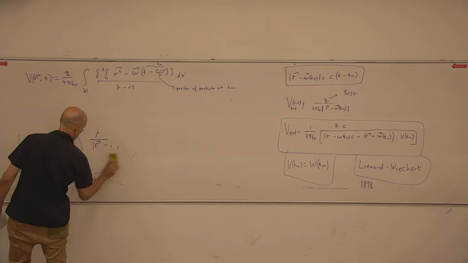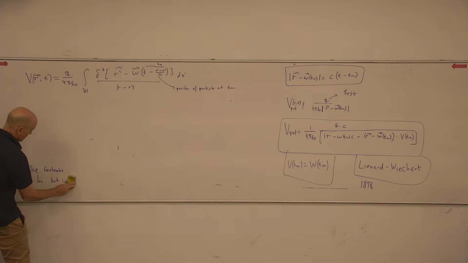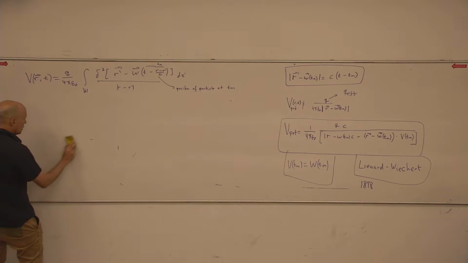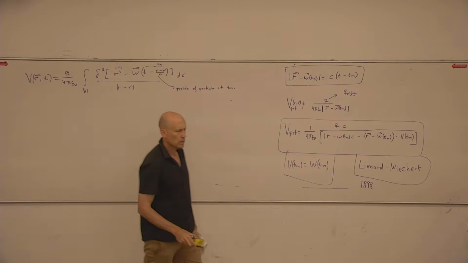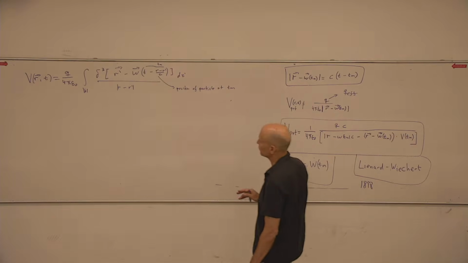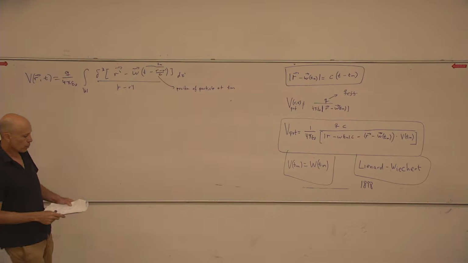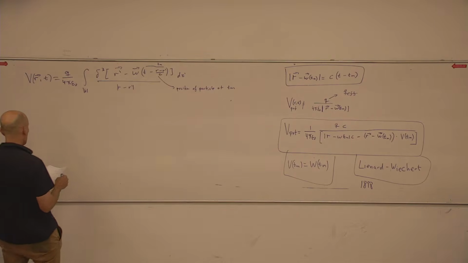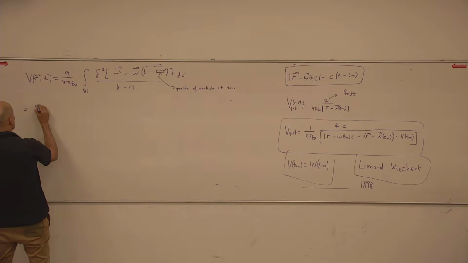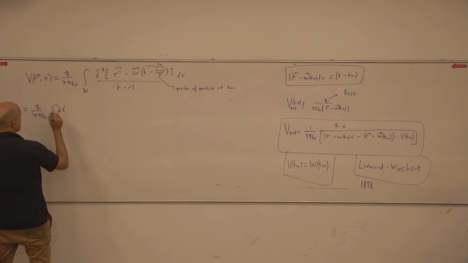So maybe you can use the definition of the delta function as a sum over the zeros, one over the sum of the zeros. You can use many representations for the delta function in principle, but the trick here, which is not a trivial trick, is to add one delta function to make things simpler. So we are going to write this as q over 4 pi epsilon, integral dt prime from minus infinity to infinity.